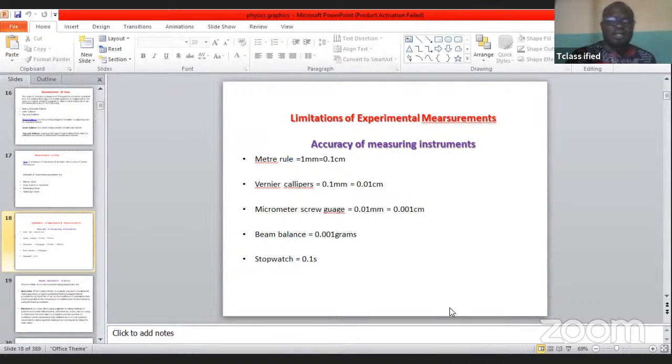So I'm going to ask you a question now. If I want to measure the diameter of a thin wire, what kind of equipment do you think I can use?